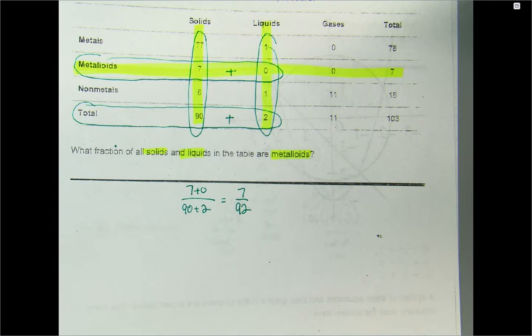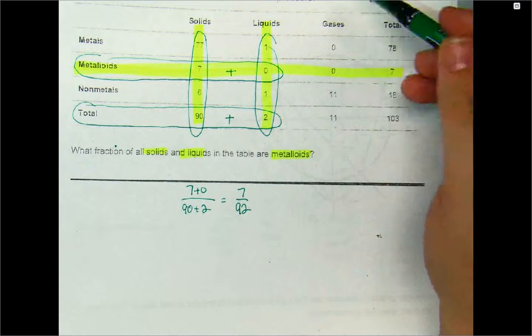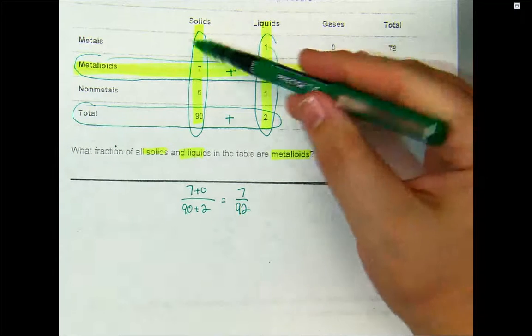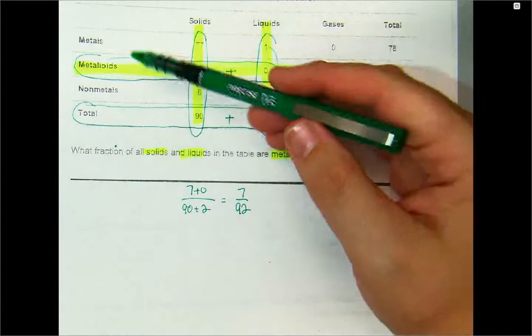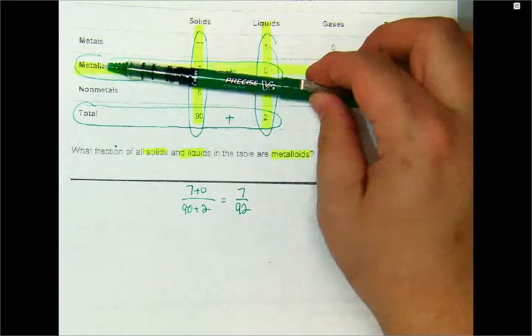Remember, you want to make things as easy on yourself as you possibly can. Ignoring all the gases, all the metals, all the non-metals, and focusing on the metalloids and the solids and liquids is going to make this so much easier on you. That's what you want to do.